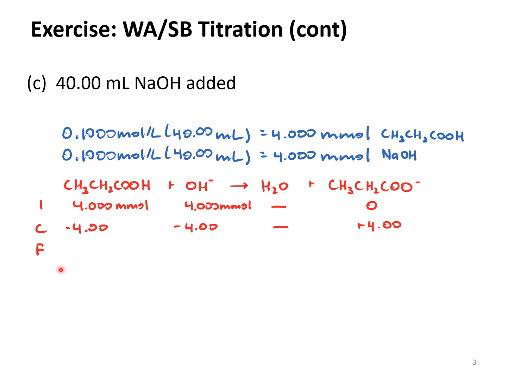For the final number of millimoles, we simply add up the columns, and we'll see that we have 0 millimoles of propanoic acid, 0 millimoles of hydroxide, and 4 millimoles of the conjugate base, propanoate. So here we see that at the equivalence point, all of the weak acid reacts with all of the strong base to produce propanoate. So everything is converted over to the conjugate base, propanoate.